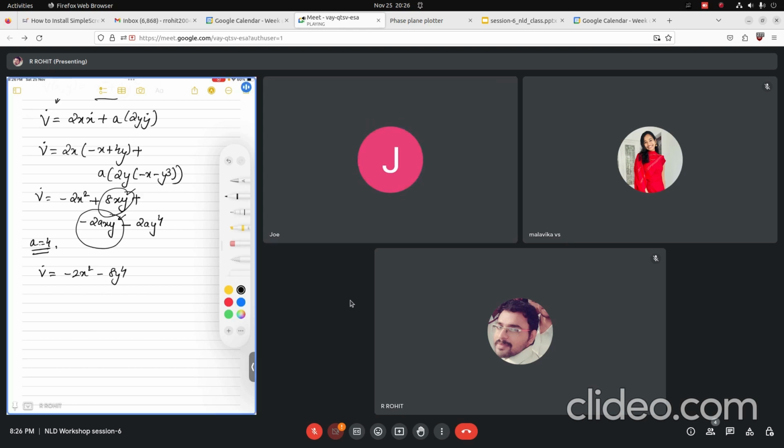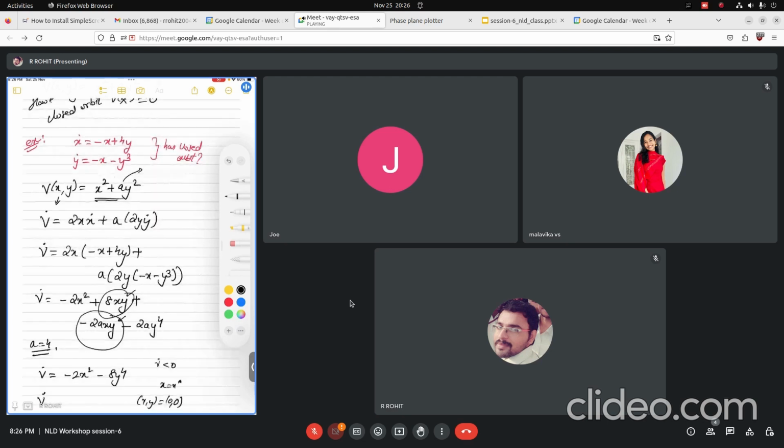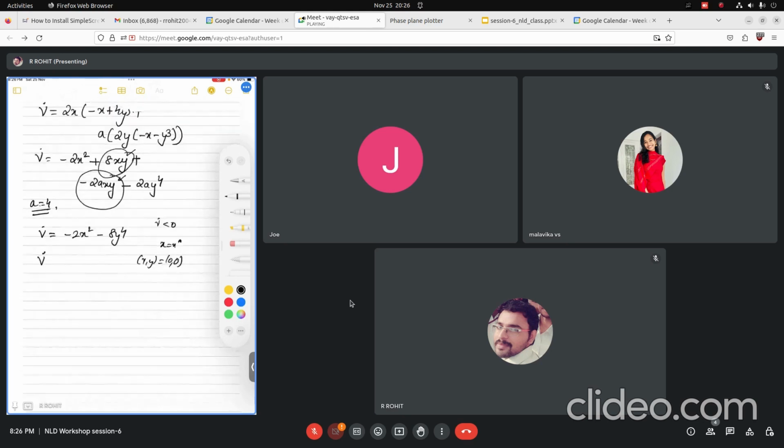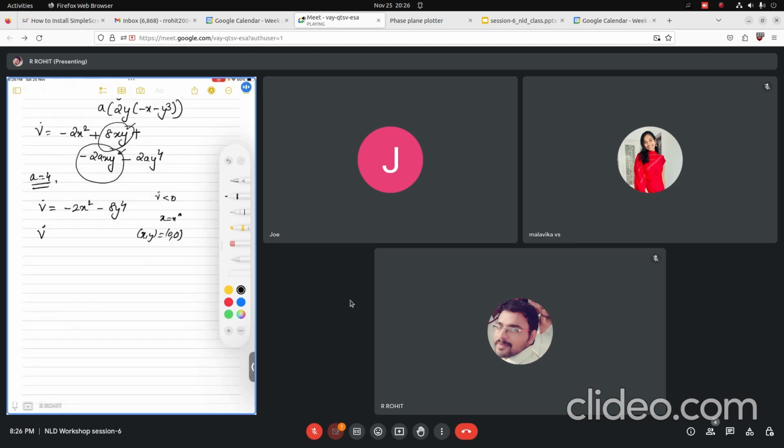Now if we look at this, v dot apart from x equal to x star should be less than 0 was our condition. So for this equation, x comma y equal to 0 comma 0 is a fixed point. That you can find by directly putting it equal to 0 and you can determine the value. So x comma y equal to 0 0 is a fixed point.